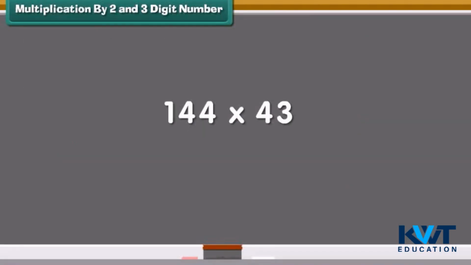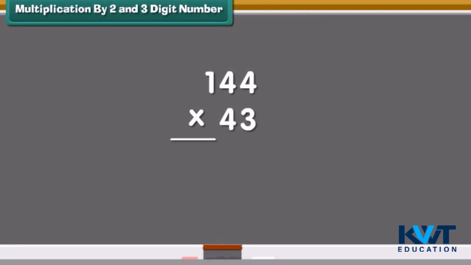Let us multiply 144 by 43. Start multiplication from ones place. 3 times 4 are 12. Write 2 in the ones place and carry the 1 forward to the tens place.